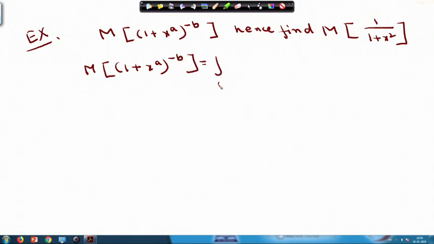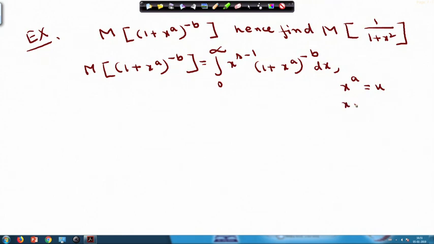From the definition, I can write this as equal to the integral from 0 to infinity of x to the power s minus 1 into 1 plus x to the power a to the power minus b into dx. Let us make a substitution, say x to the power a equals u.